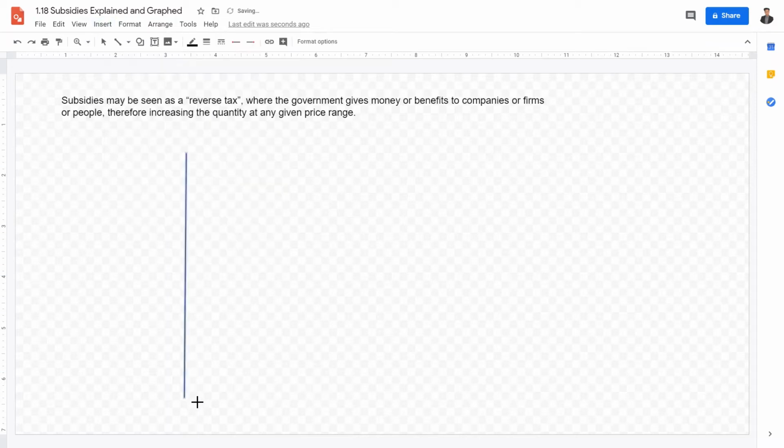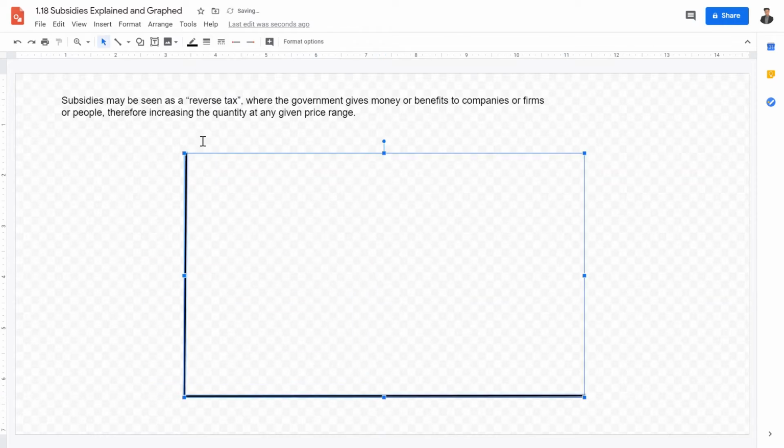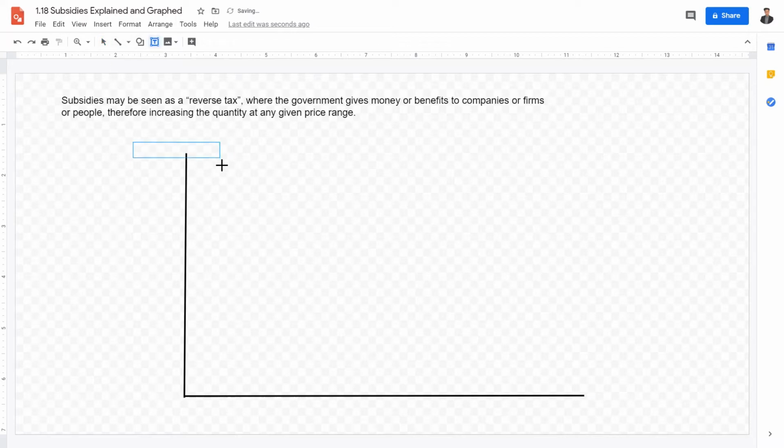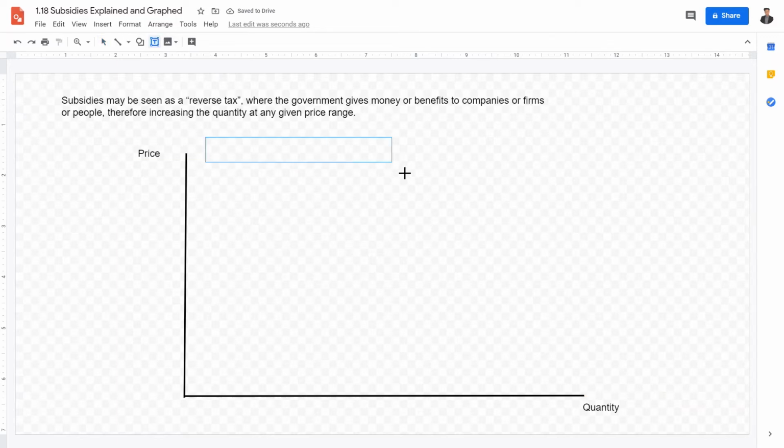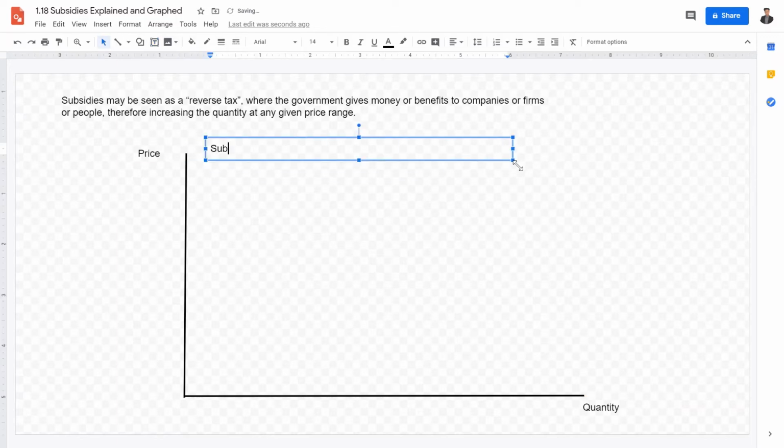Okay, so once again, we have our normal graph. The y-axis is the price, and the x-axis is the quantity, and we're going to title this graph subsidies.